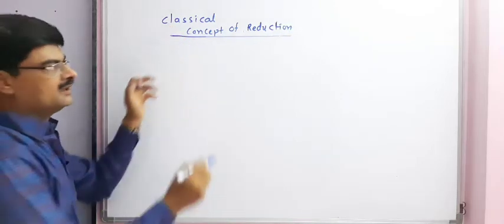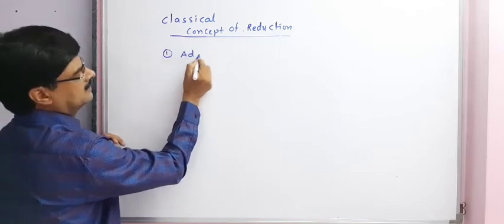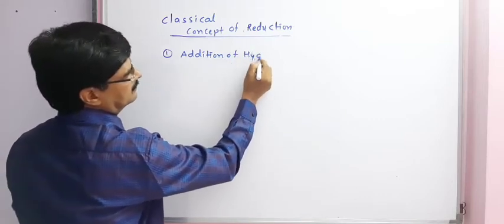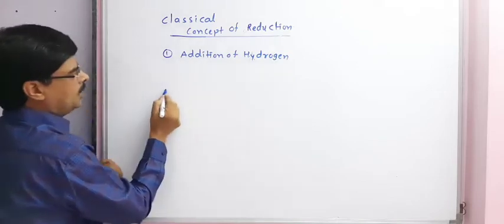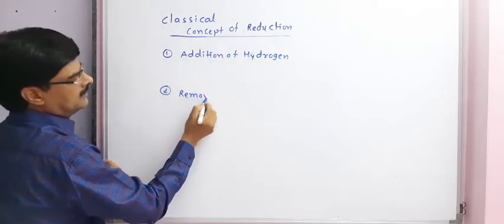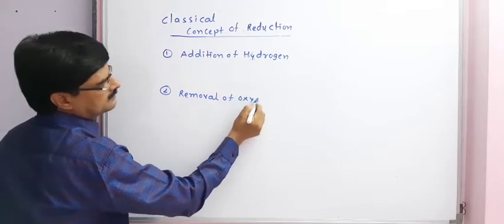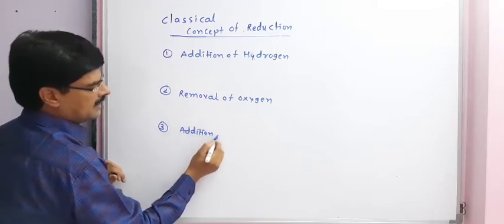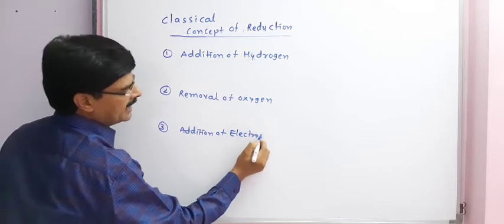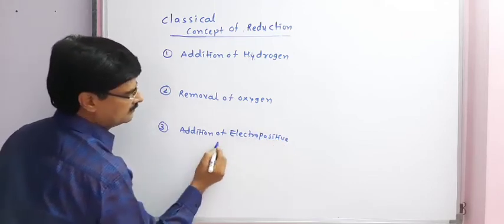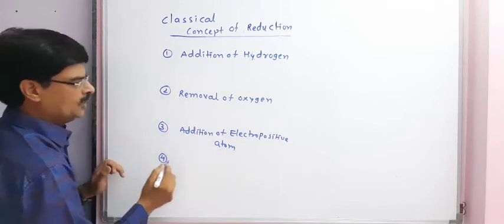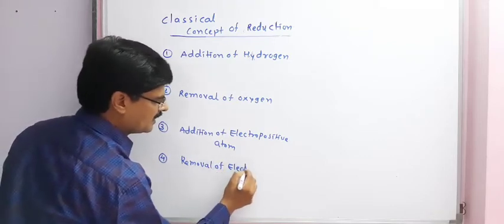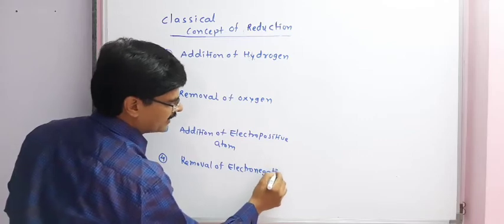Classical concept of reduction involves, number 1, addition of hydrogen, or removal of oxygen, or addition of electropositive element or atom, and 4th, removal of electronegative atom.